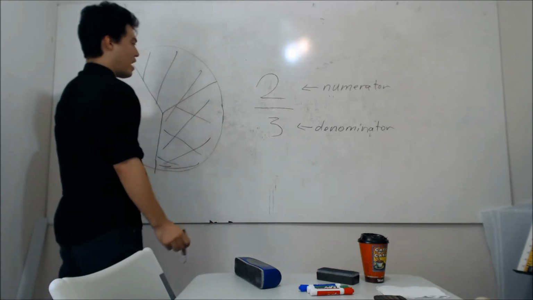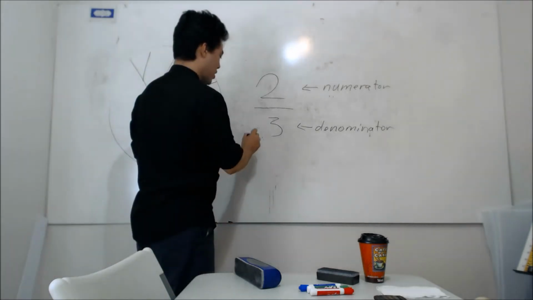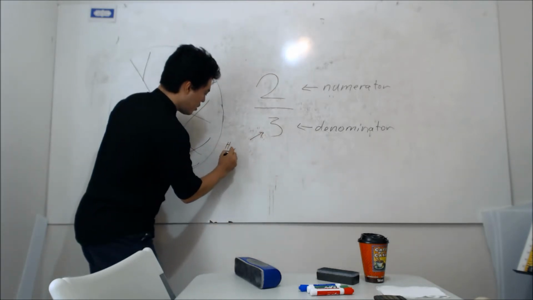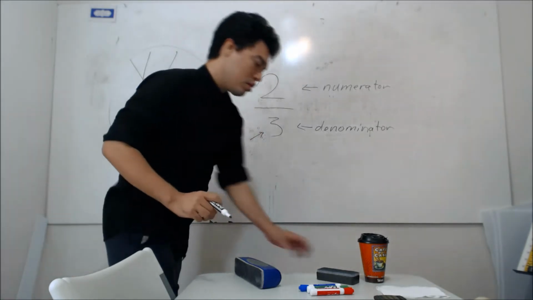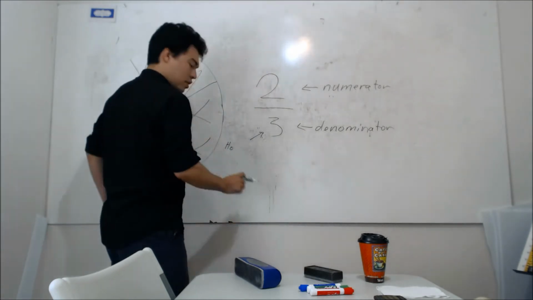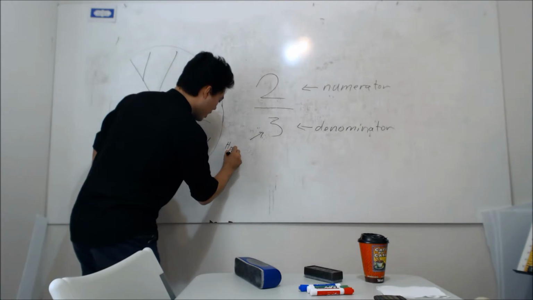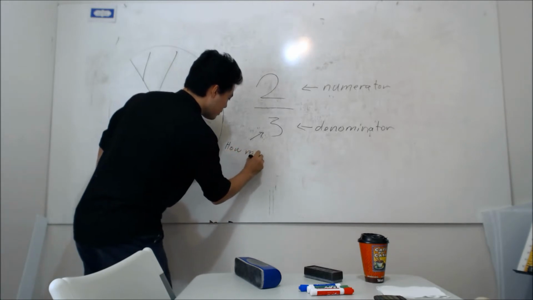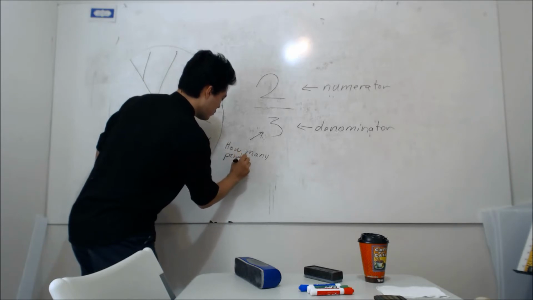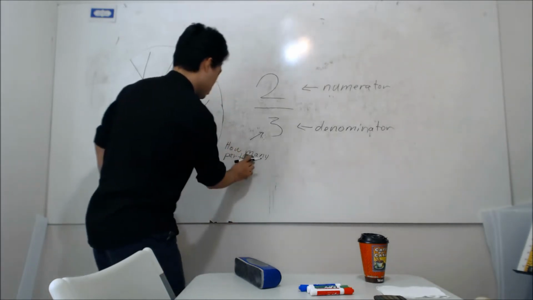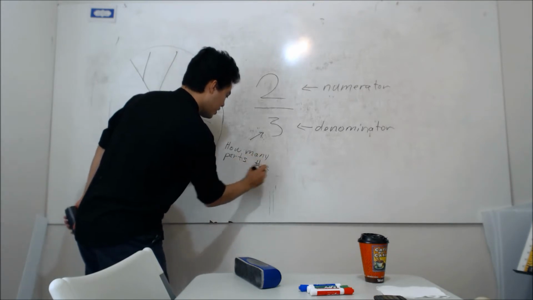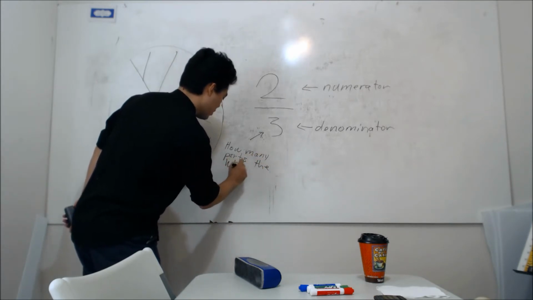We want to think of them as: the denominator is how many parts the whole has been cut into.